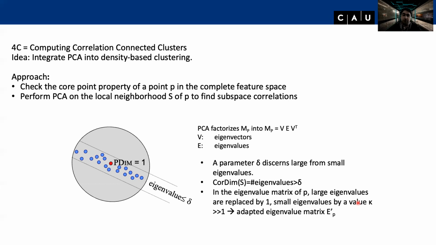Because if you recall DBSCAN, density-based clustering, you have around an object a circular or spherical or hyperspherical epsilon neighborhood. And in this context of 4C, this circular or spherical neighborhood changes to an ellipsoid one. So it's like you have this and you squeeze it down to an ellipsoid.